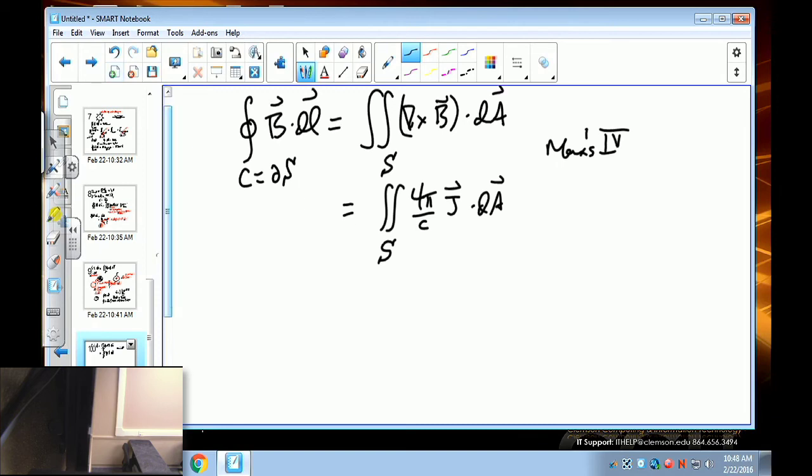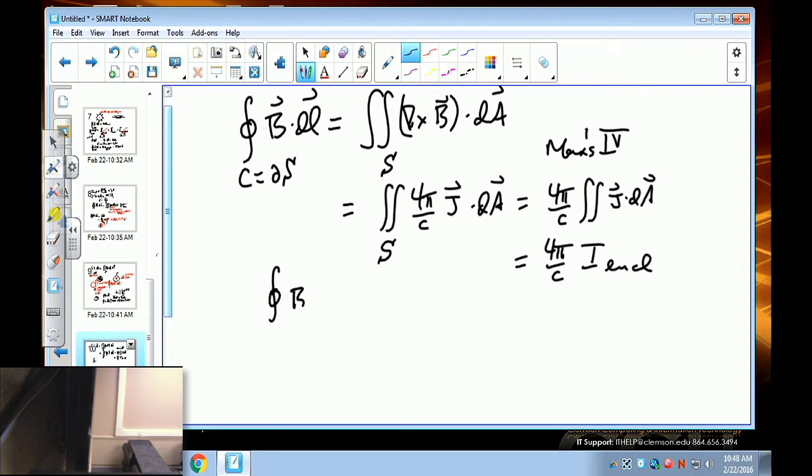And the integral of J dot dA over a surface is the current enclosed, the current that pierces the disk. And in this case, there's only current at the center of the wire, but this holds generally.